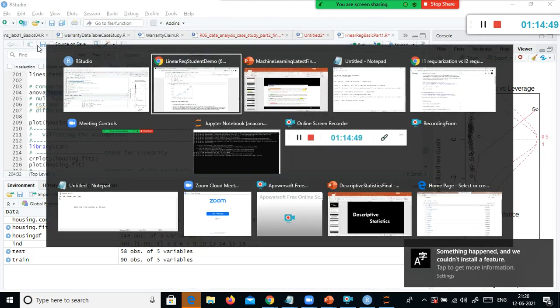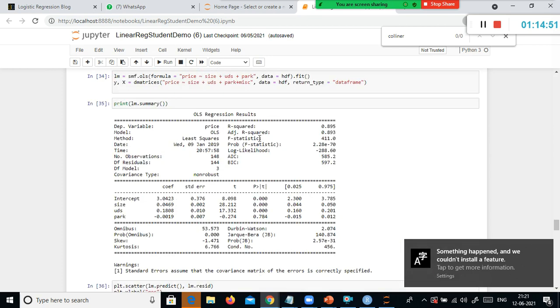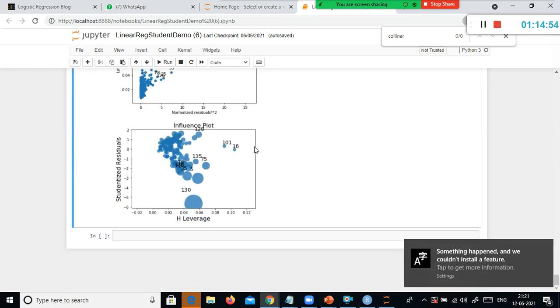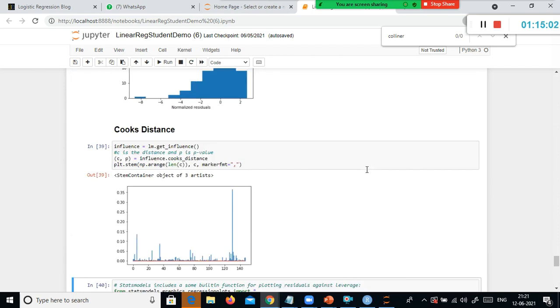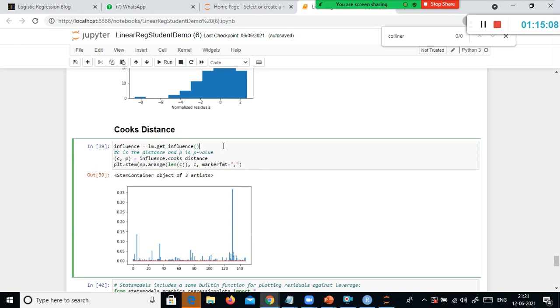Or let us go to Python, because I don't remember the library name. So here, if you look, influence plot, in statsmodels, a regression plot with the built-in plotting against leverage. So leverage and Cook's distance, influence. You have something called lm.get_influence.